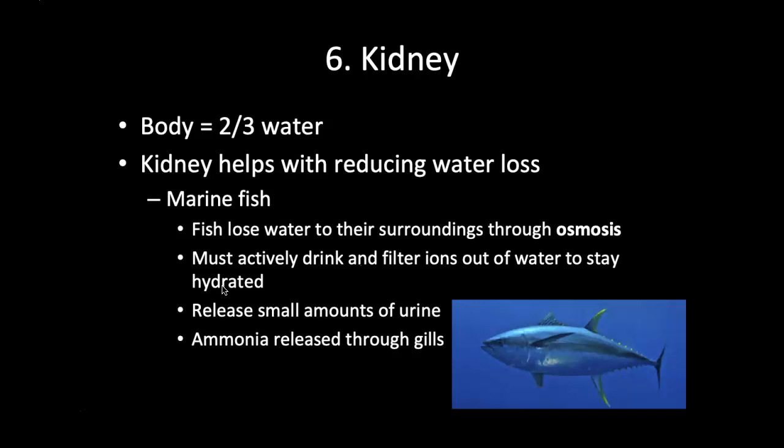And what they do is then they will filter out the ions or the salts that are in the water, and then they'll allow for them to continue to collect water, but then filter out those ions. And so what you'll see is that these guys will actually have a small amount of urine that they'll secrete out, and it's usually going to be very concentrated. The ammonia is also going to be released through their gills, which allows for them to once again get more ions out of their body.